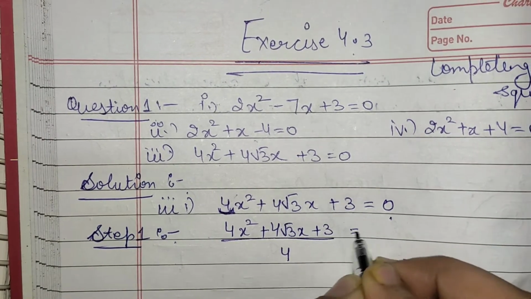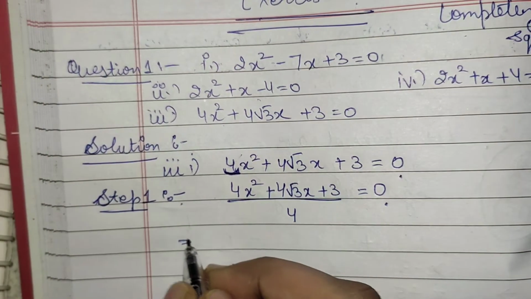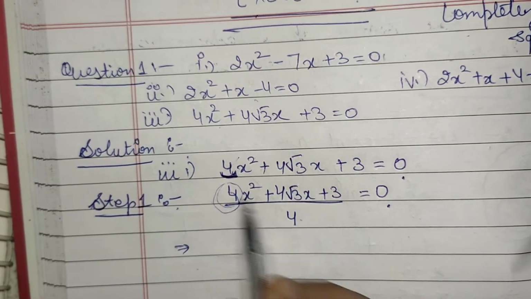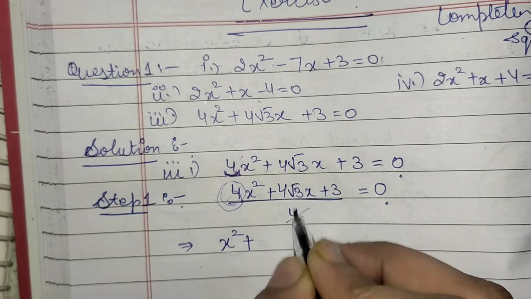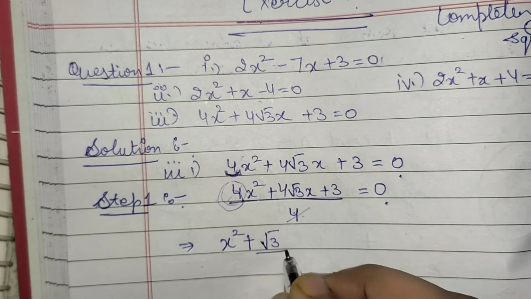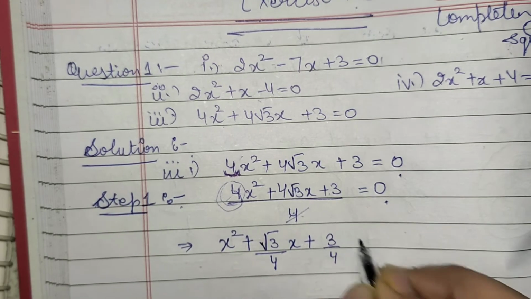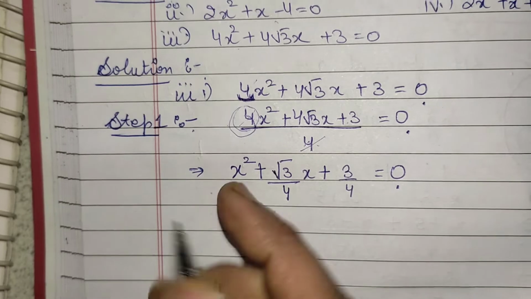Divide by 4. So step number 1 is make the coefficient equal to 1. When you divide, you will get x square plus root 3 by 4x plus 3 by 4 is equal to 0. So step number 1 is done.